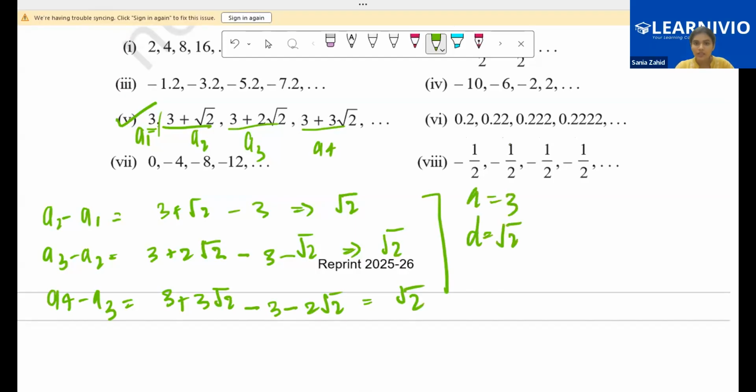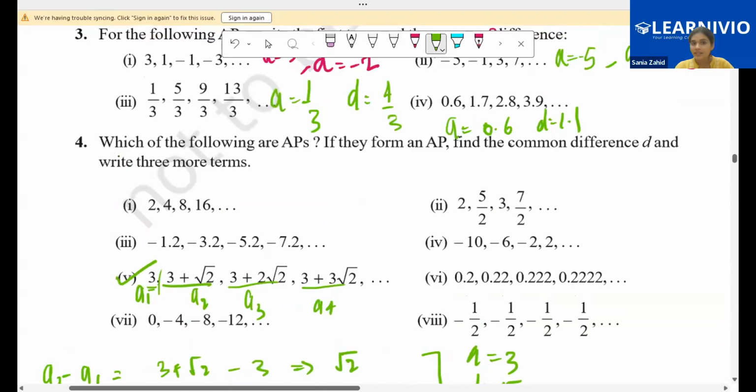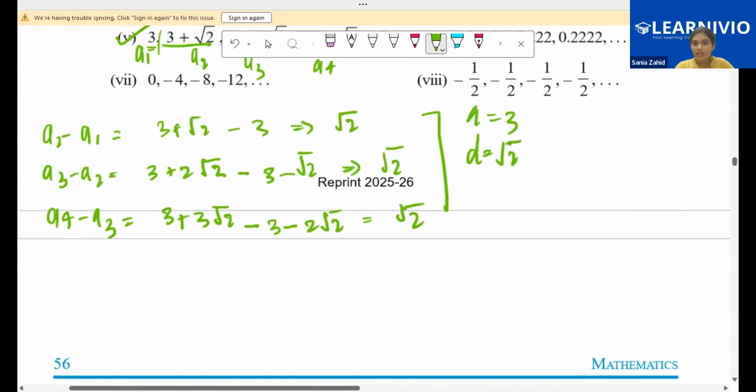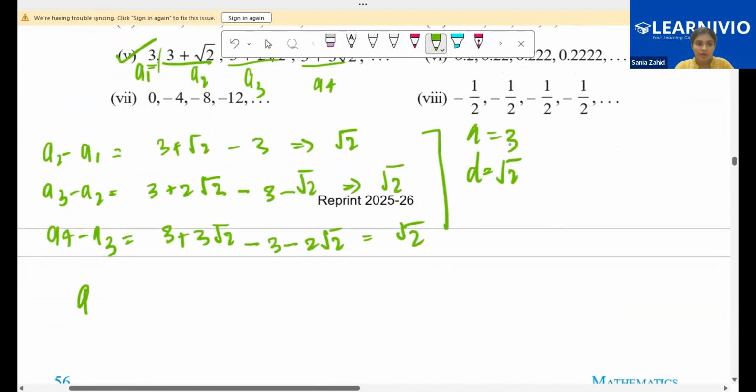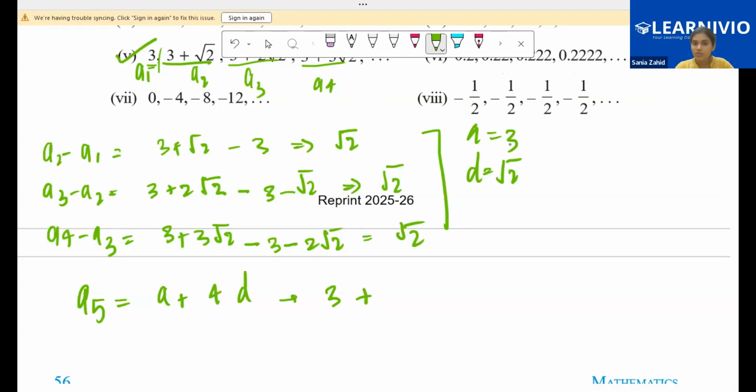So the D value comes to be root 2. A value is 3. We have to find other terms as well. Yeah, right? 3 more terms. So we have till A4. So what's A5 now? A5 is supposed to be A plus 4D. So 3 plus 4 root 2. Right? Then A6 is A plus 5D. So that's supposed to be 3 plus 5 root 2.